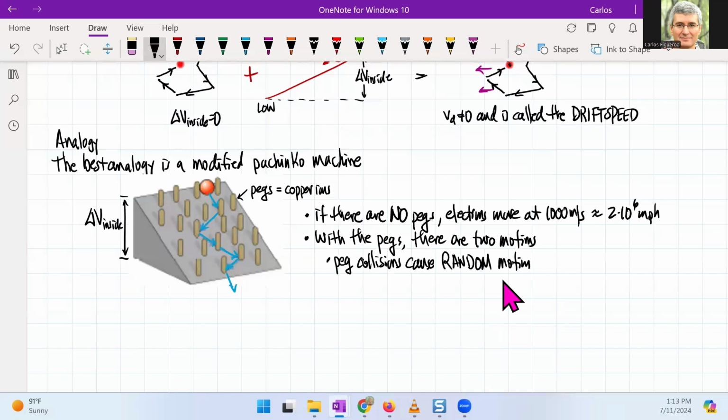The second thing here is that the electron drift, in other words, the directed motion, is caused by the incline.